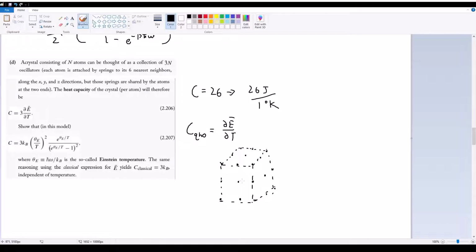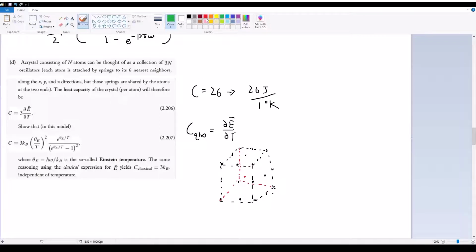Then any given atom in this lattice, let's see if I can get this drawing a little bit more accurate by drawing the back legs in red. If you think of a given atom in this lattice, let's say this red dot is the middle atom in this lattice, then it has multiple different connections, right?